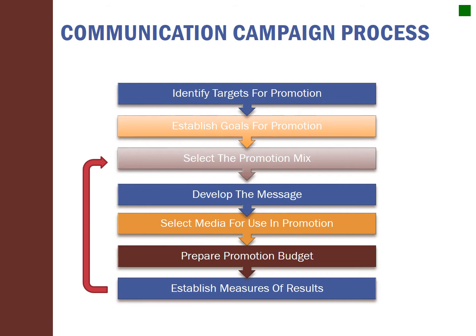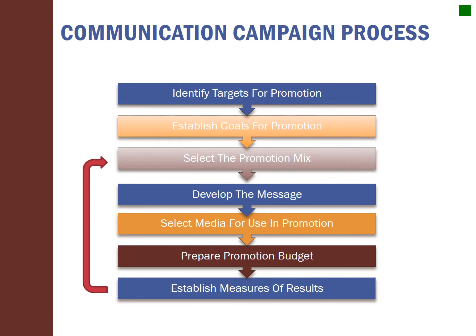So there's got to be a feedback loop that happens here. And again, this is a very typical management style type of a process where you set goals initially, you develop your program, you make sure it fits within a budget, you justify your budget by your results, and then you execute.